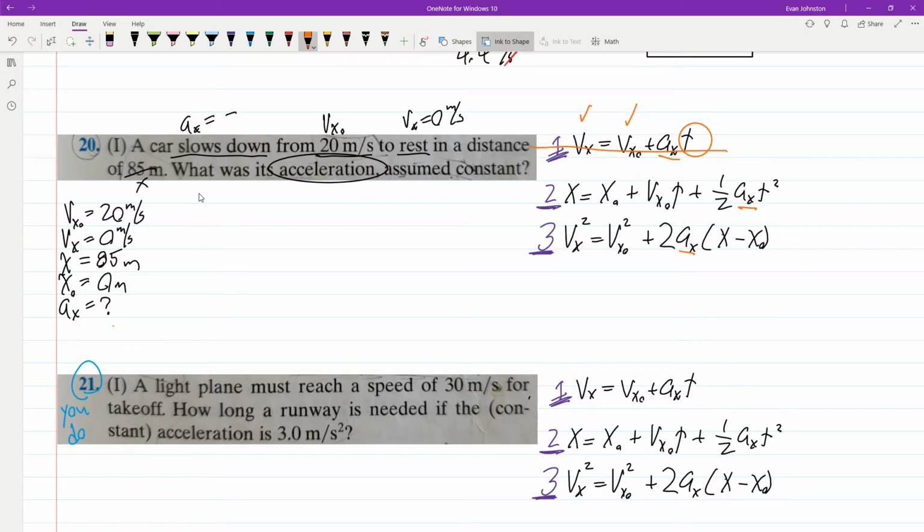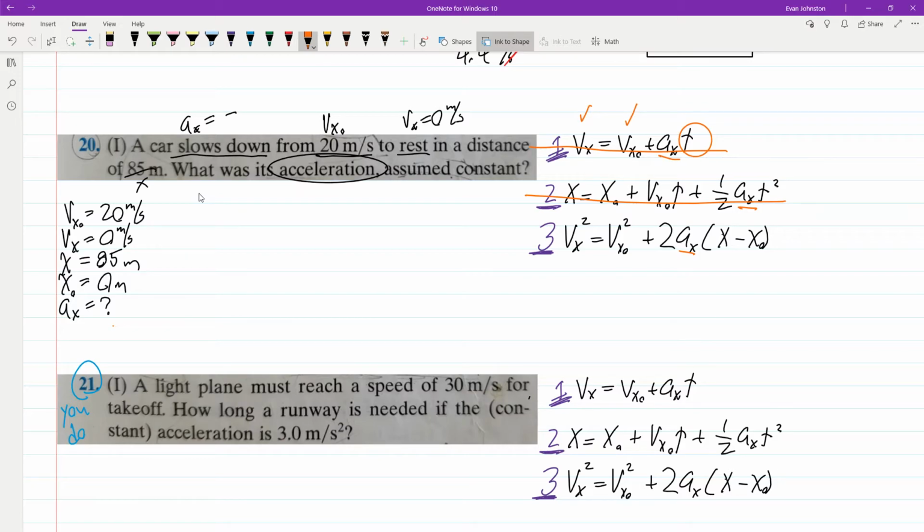Let's look at our second one here. Well, we know it went 85. We know this thing is 0, so we know those. We know how fast it's going in the beginning. Again, we do not know time. So again, I have two unknowns. I have time here and time here. This one's out. So hopefully this third one works. Do I know how fast it's going at the end and at the beginning? Yes.